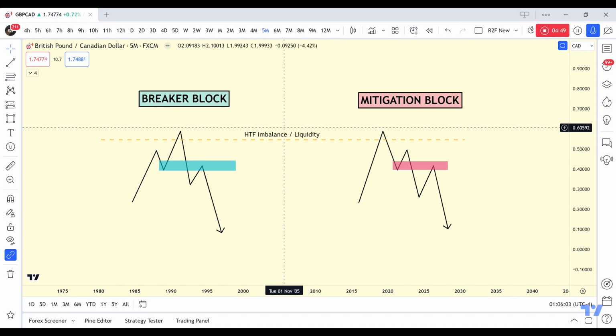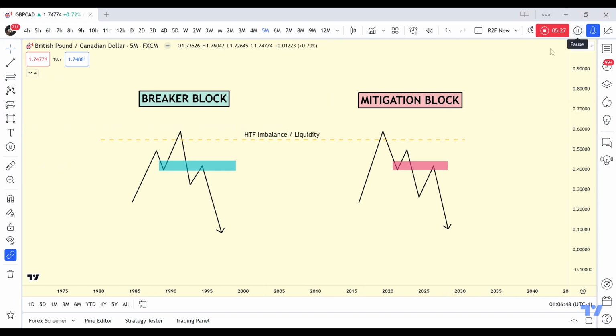If you don't know what liquidity is, stop this video and educate yourself about that first, or you will be doing yourself a disservice, because that is one of the main core principles of ICT's concepts, and is generally just a fact of the market: big institutions, or any trader, require liquidity to get in and out of their positions, and of course, especially larger entities, which require a lot more liquidity.